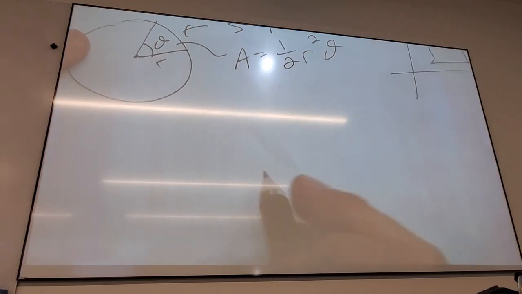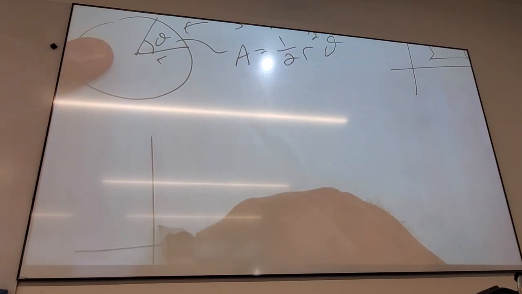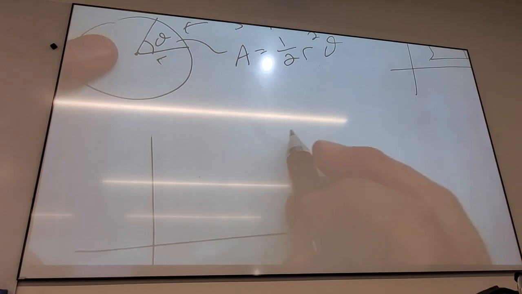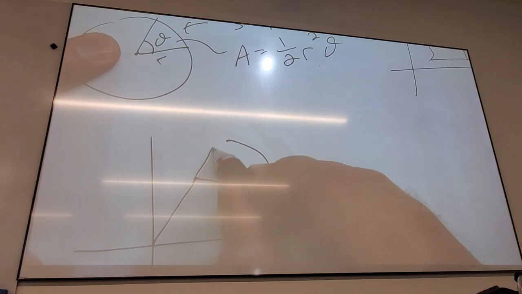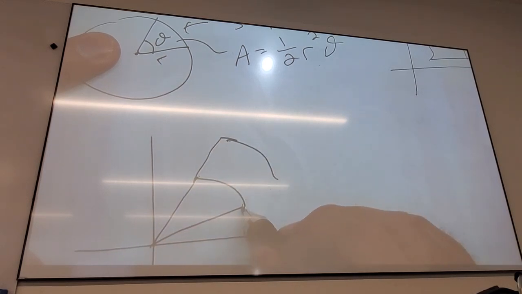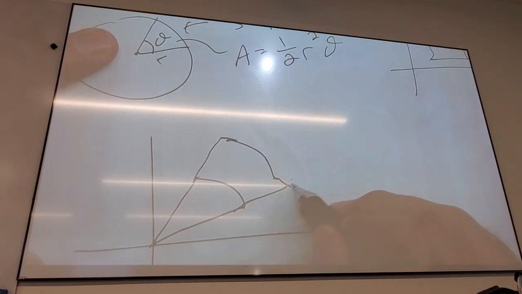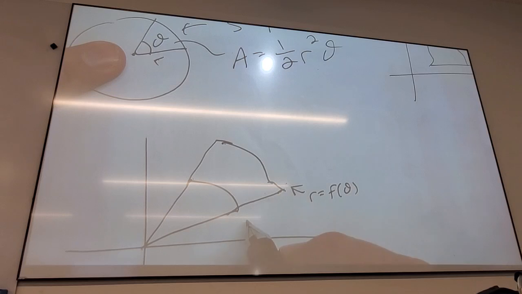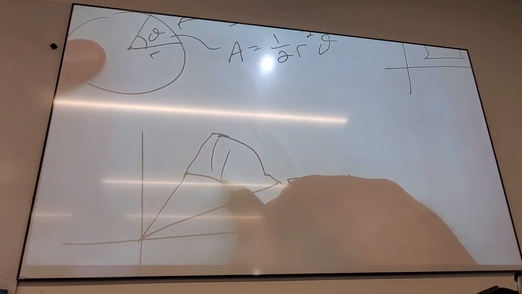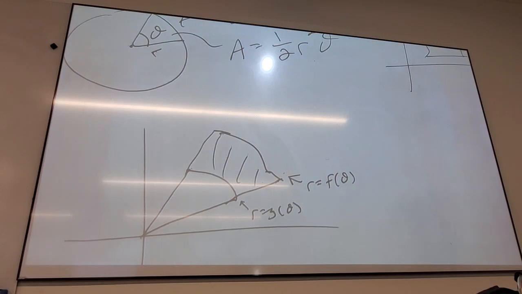In polar, to be very general, I'm going to have these curves: this would be r equals some function of theta, and this would be r equals some other function of theta. And this would be the region over which I'm doing stuff.